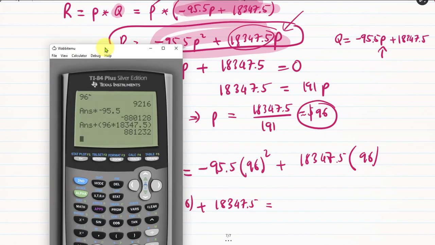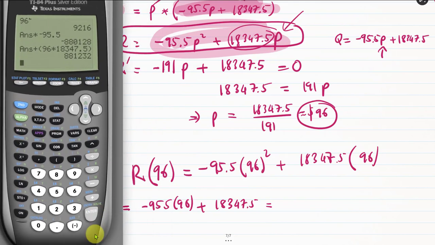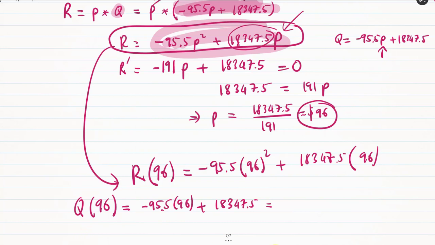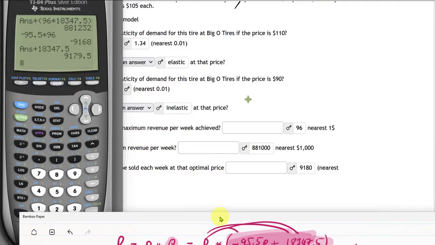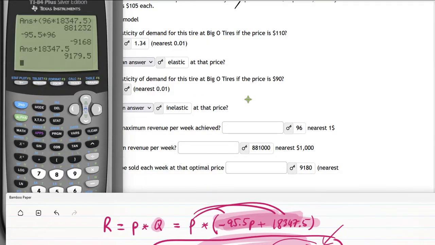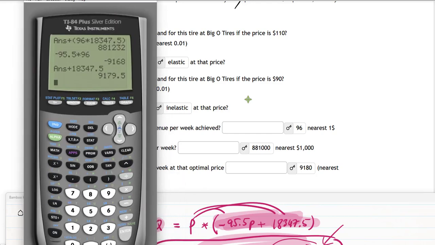And let's use the calculator to get the answer. Minus 95.5 multiply 96. And we add to 18347.5. That is, check the answer. We want to round it to the nearest 10 tires, right?